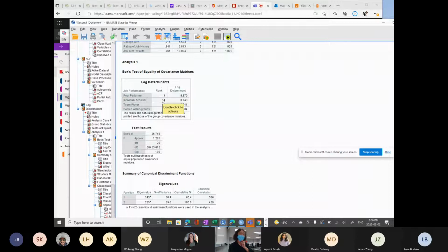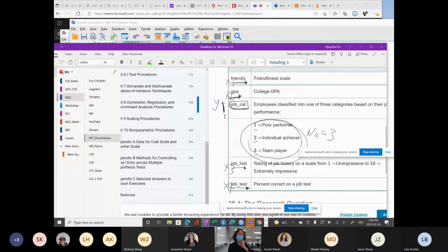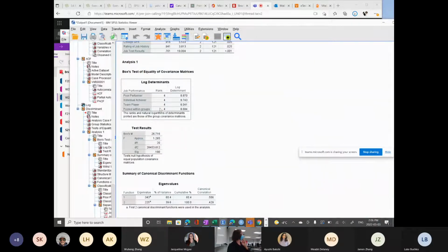Remember, how many independent variables in our example? We have x1, x2, x3, x4. We have 4 independent variables. So that's why you get the rank is 4.